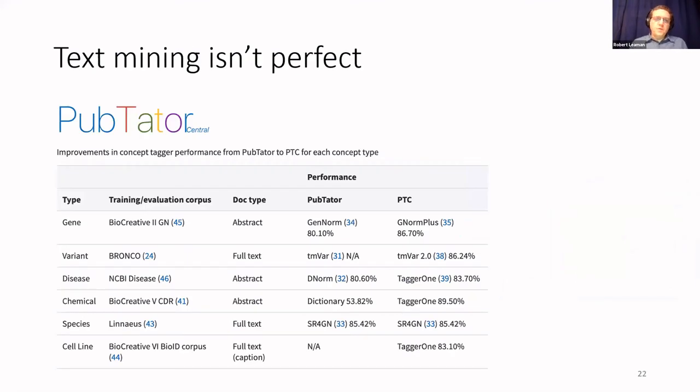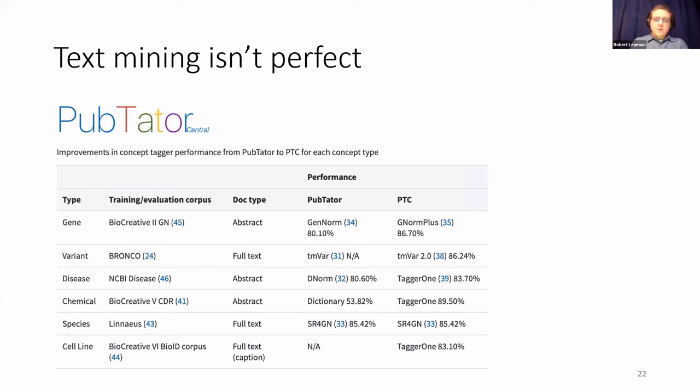It's important to know, though, that even with all of the advances, text mining is still not perfect. You can see, as an example here, this is the PubTator Central system. Each of these systems are being applied to different entity types and identifying them over all of PubMed and PubMed Central.